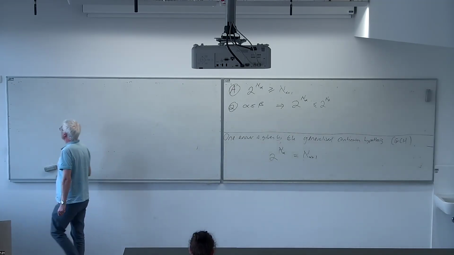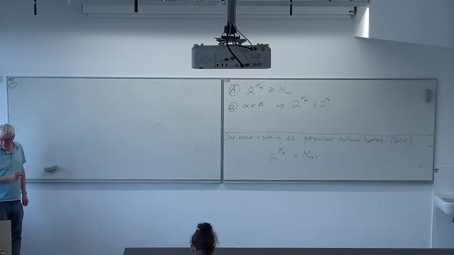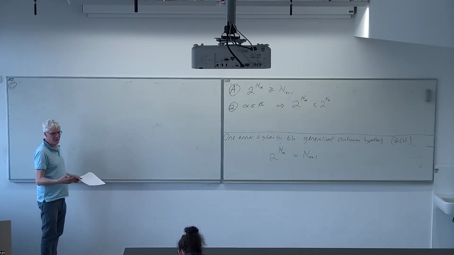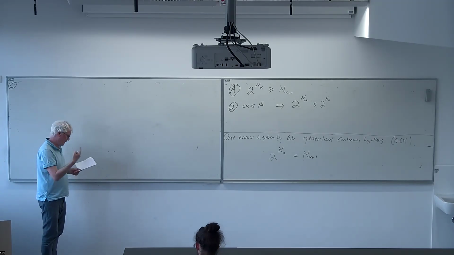So what is new is going to be property C, which is what we're going to spend the rest of the lecture on. And this is another relatively deep result about cardinal arithmetic. There are basically 2 deep results today: König's theorem and this.